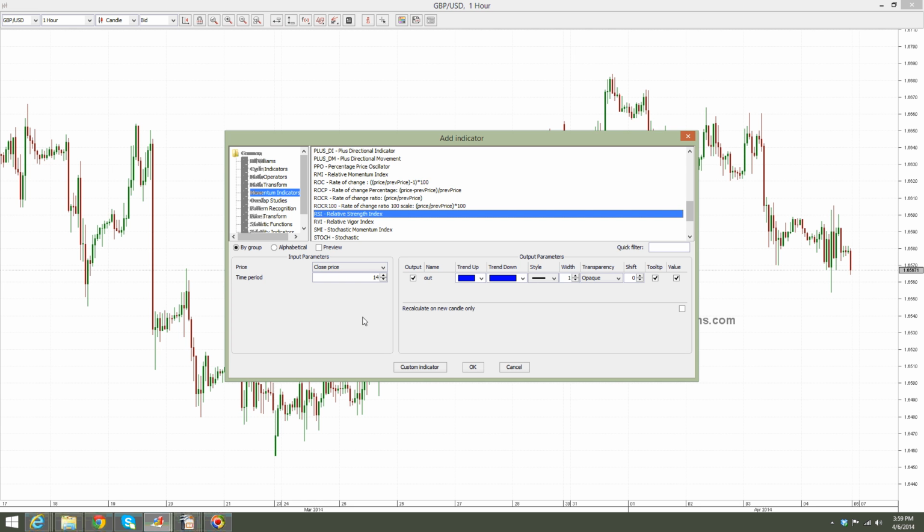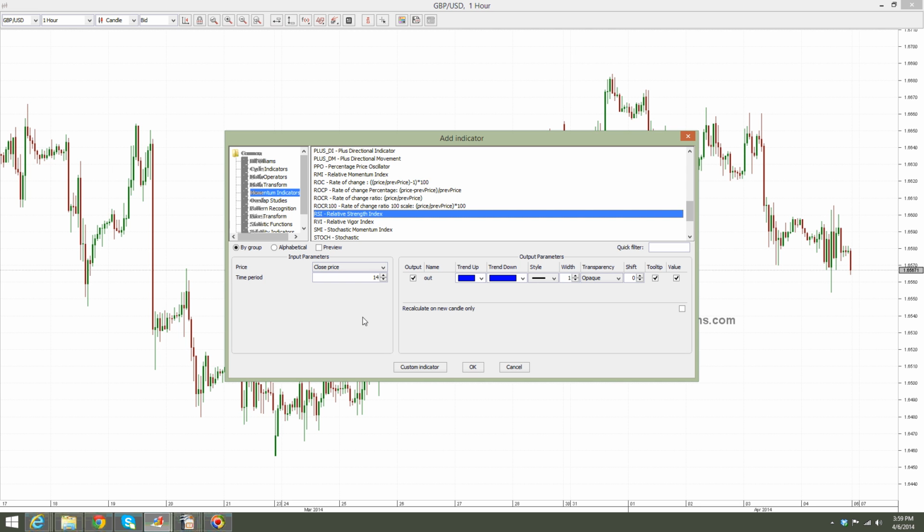It means that the oscillator takes into consideration the last 14 candles when plotting the line that you are going to see on the screen. If you're looking at the 1 hour chart, the oscillator is the result of the last 14 candles, or the last 14 hours.